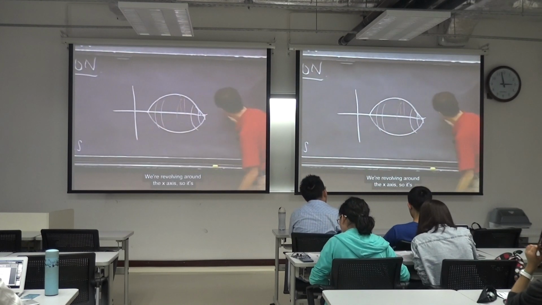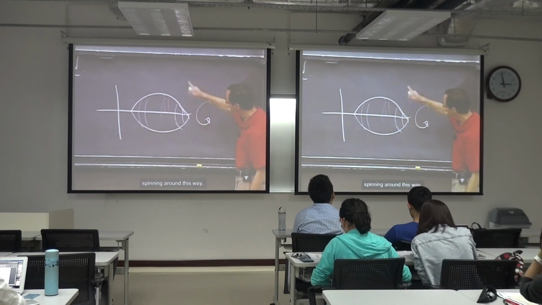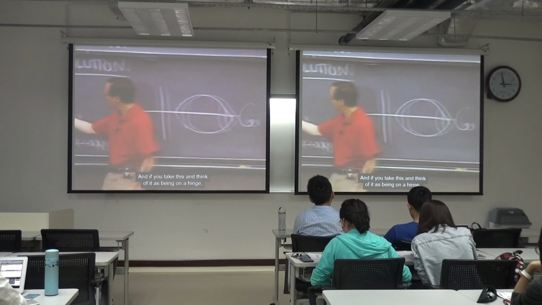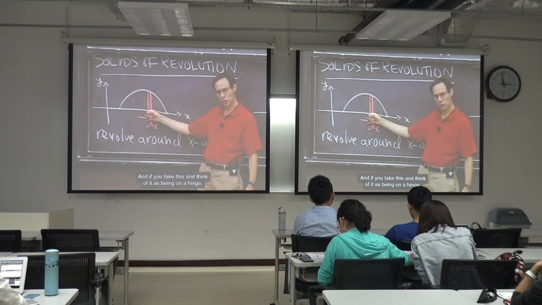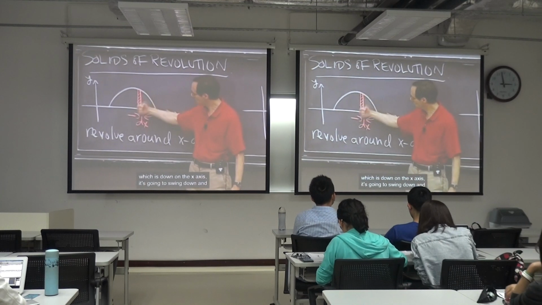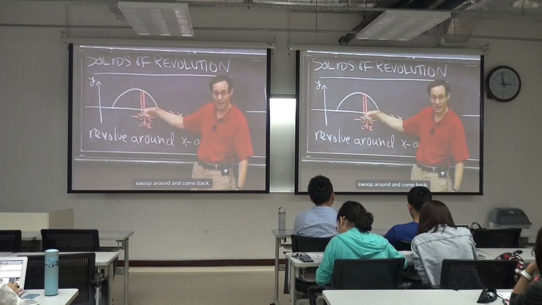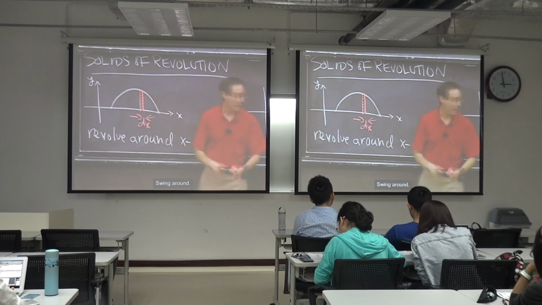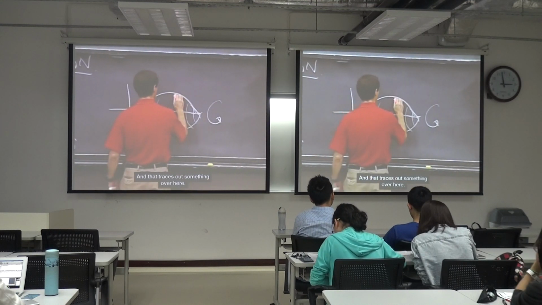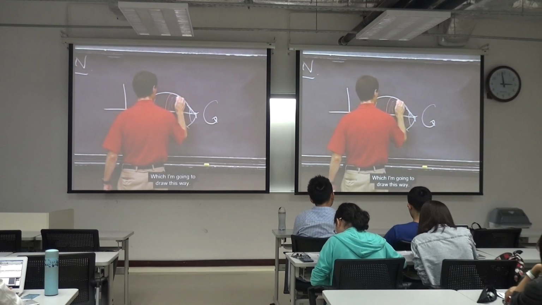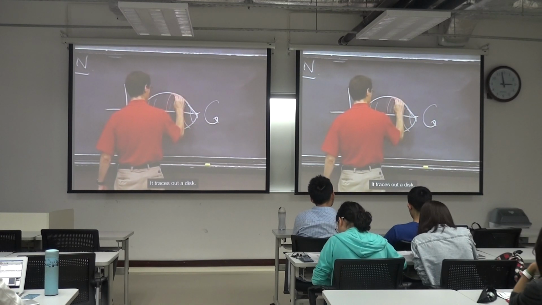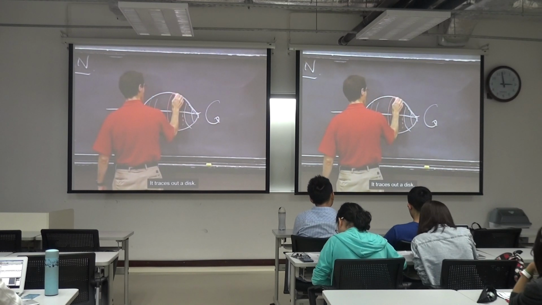We're revolving around the x-axis, so it's spinning around this way. If you take this and think of it as being on a hinge, which is down on the x-axis, it's going to swing down and swoop around and come back, swing around. And that traces out something over here, which I'm going to draw this way. It traces out a disk.